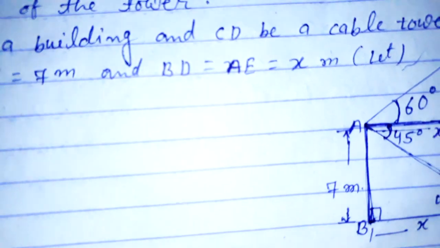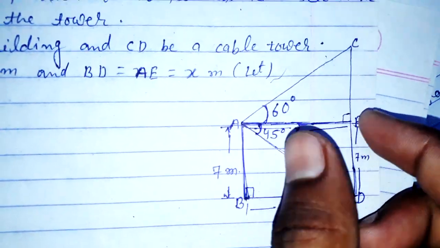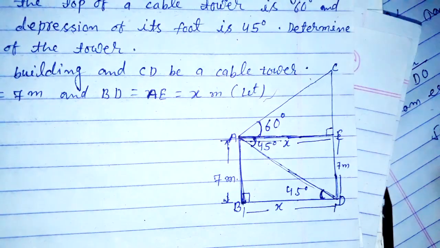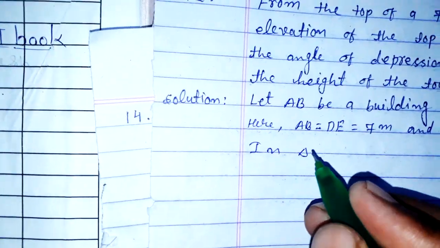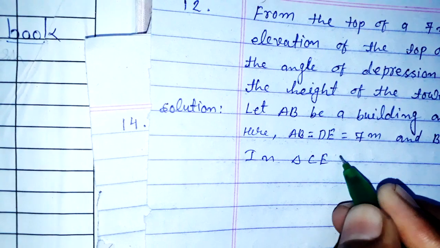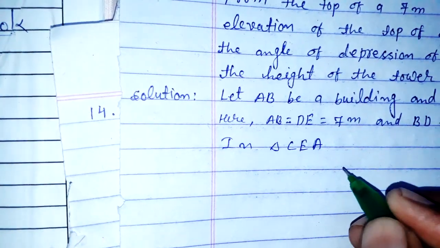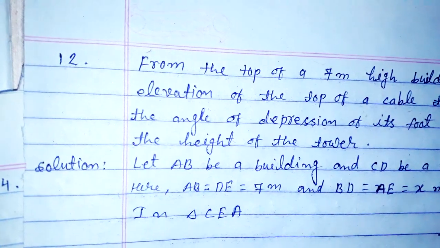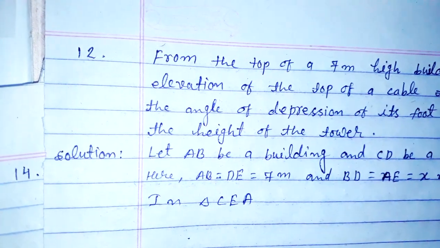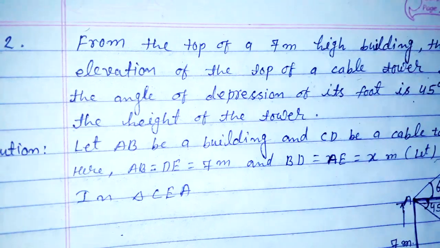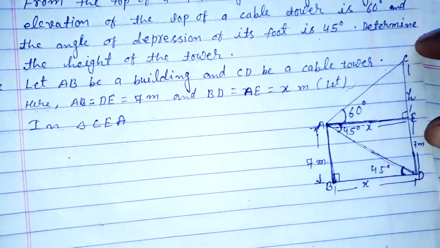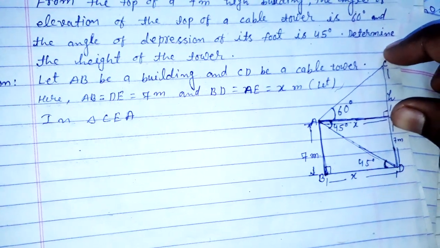Here let this be x, so this is also x, so this is triangle CEA. In triangle CEA, the height, let this be h.